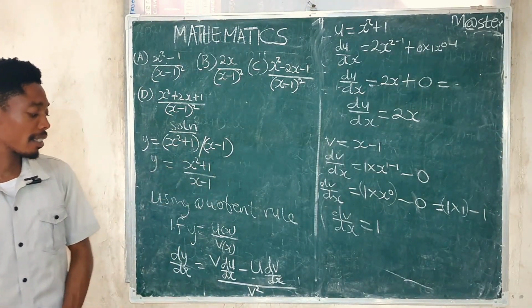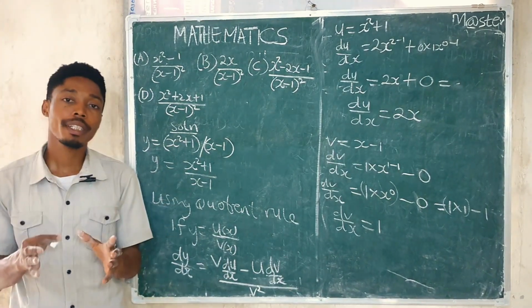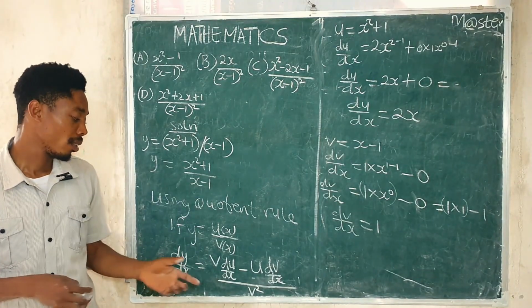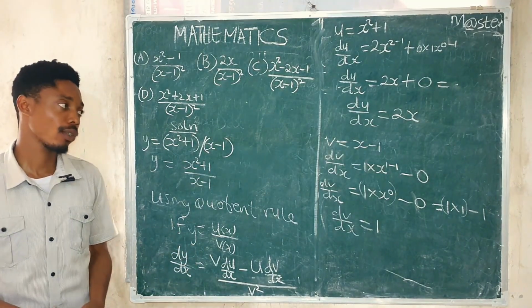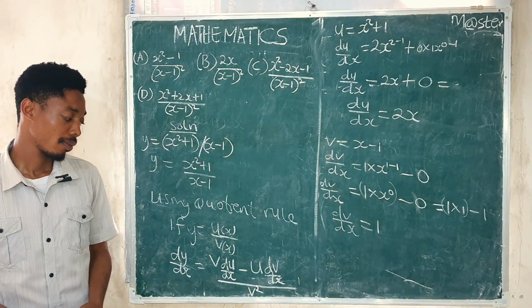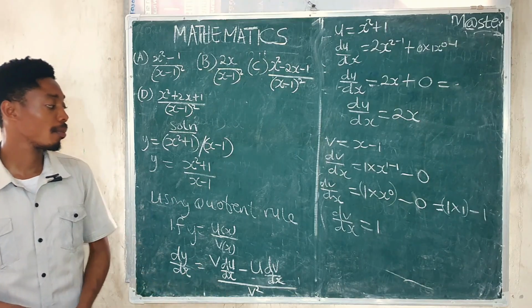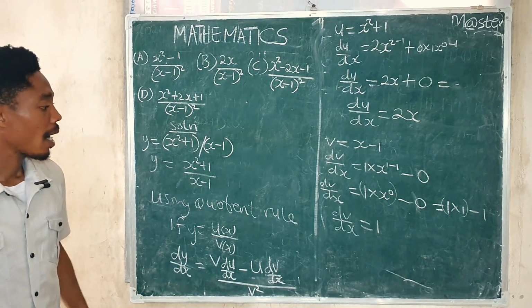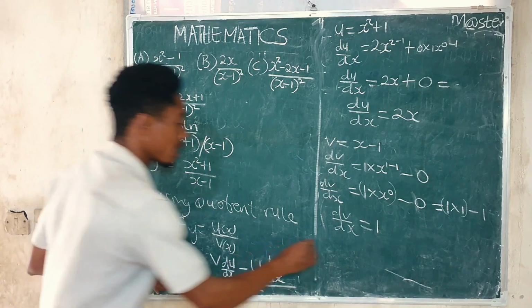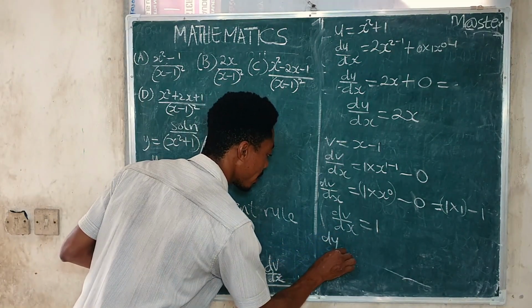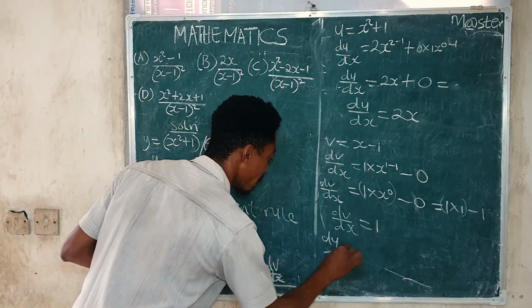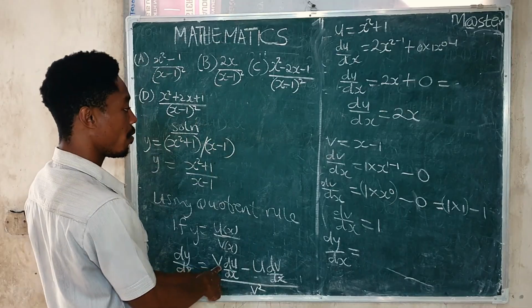Having found dv/dx, let us apply what we have gotten into the formula. Applying that, dy/dx, the derivative, equals v.